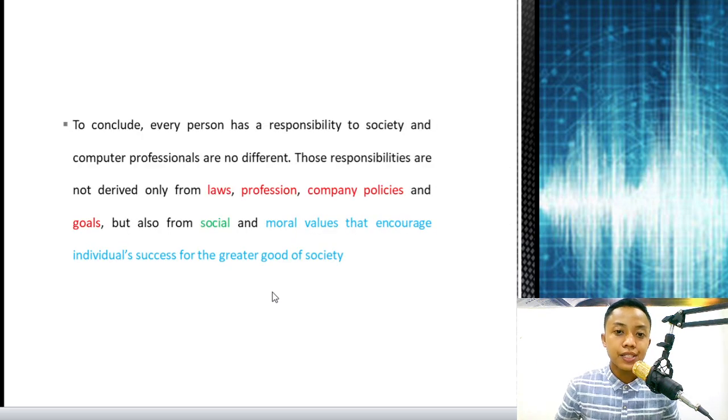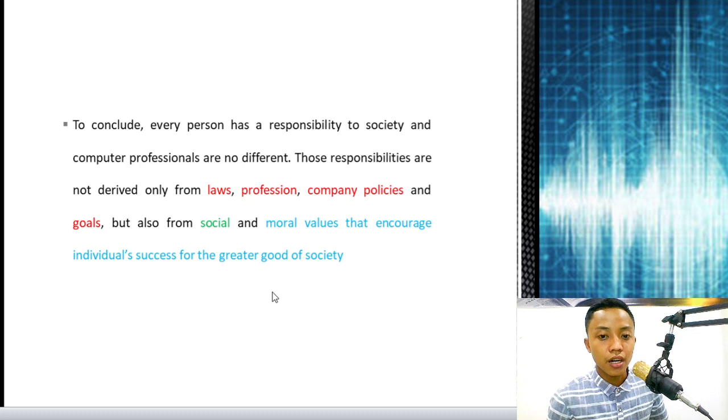To conclude, every person has a responsibility to society, and computer professionals are no different. Those responsibilities are not derived only from laws, profession, company policies and goals, but also from social and moral values that encourage individuals' success for the greater good of society.